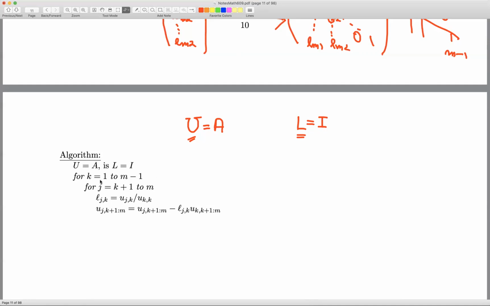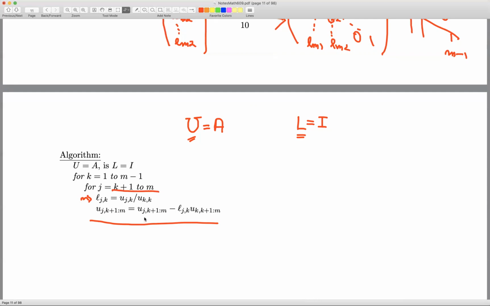And so we start for k from 1 to m minus 1, and then the index j is from k plus 1 to m. We find the elements L. These elements will be the elements that will populate the lower unit triangular matrix. And then, as we discussed, the new entries of the matrix U from position k plus 1 to m will be equal to the entries.